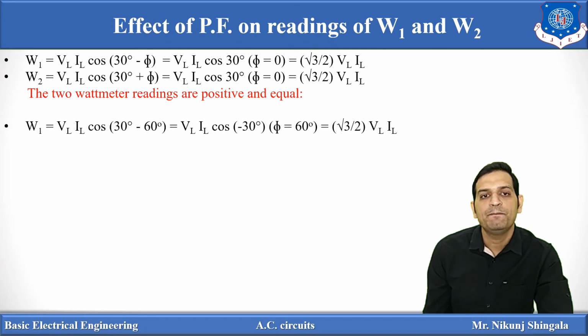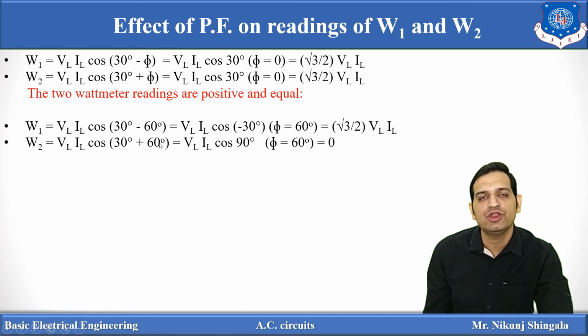Next, if the phase angle is 60 degrees, that is, the power factor is 0.5, and we put that value of phi in the expressions of W1 and W2, we get W1 equal to root 3 by 2 VL IL and W2 equal to 0. So one wattmeter reading is 0 if the power factor is 1 by 2, that is, 0.5.